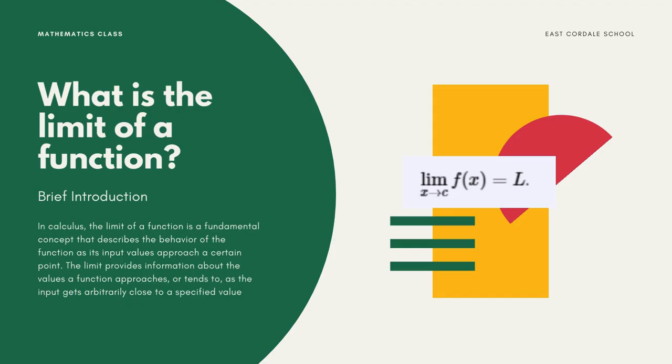Okay, so let's start with the very basic definition of a limit. In calculus, the limit of a function is a fundamental concept that tries to define the behavior of a function as the x value, which is the input value, approaches a certain point. And that certain point, in most cases, is a point where the function is not defined.